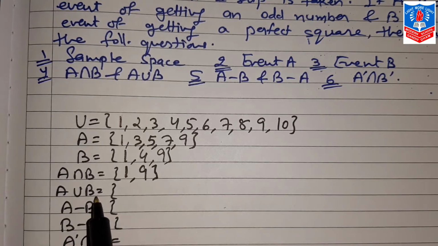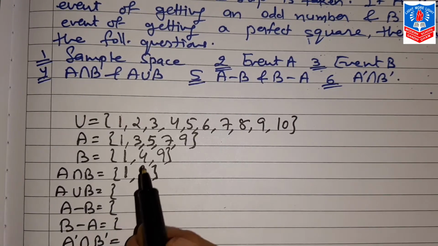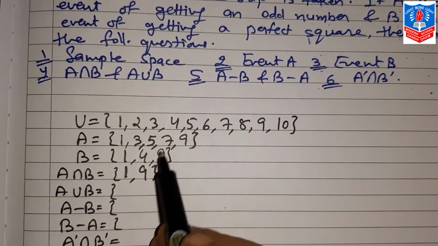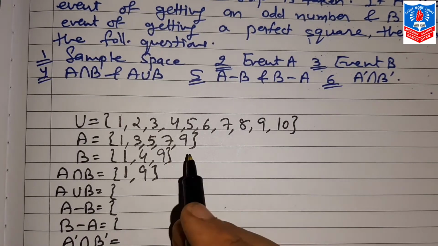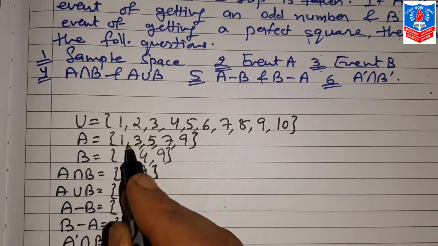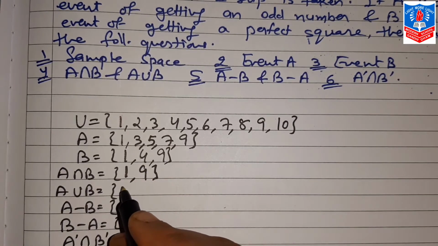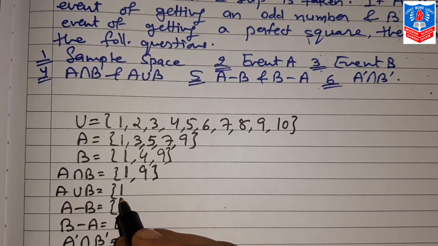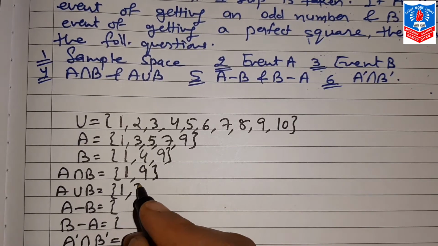Next is A union B. Now A union B, you can say the elements which are in A as well as in B, both we write here. We start with 1, that is of A. 1 is in both, so we will not write 1 two times, we will write once only. Next is 3.